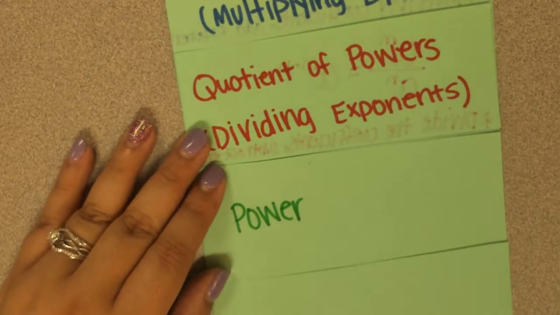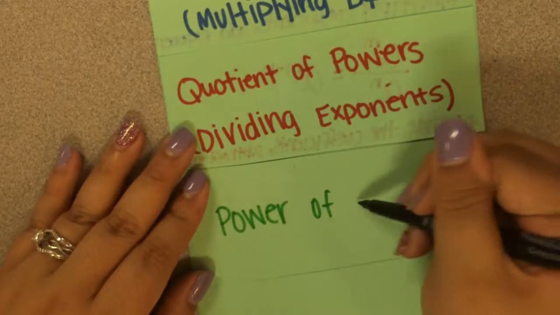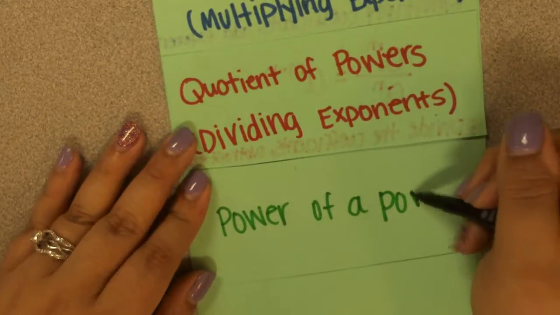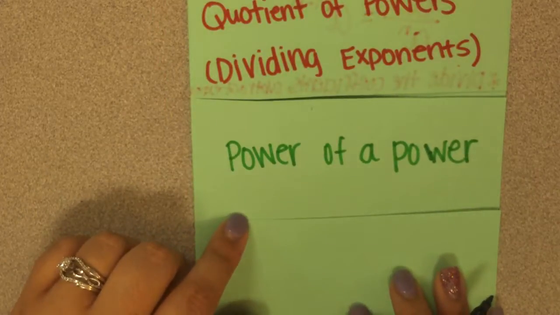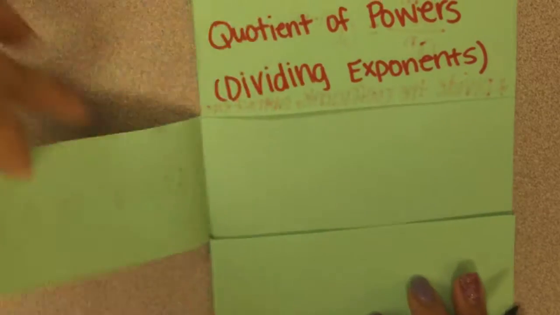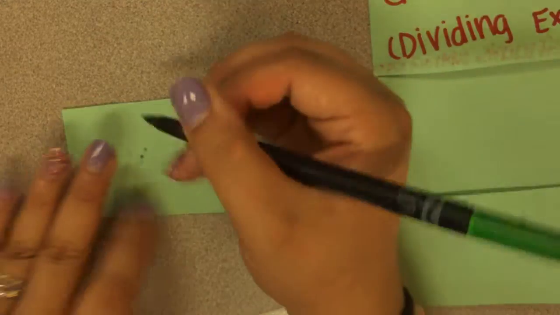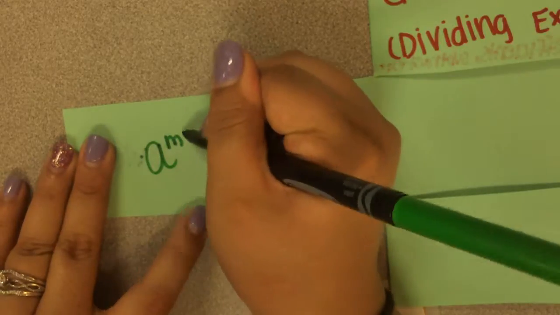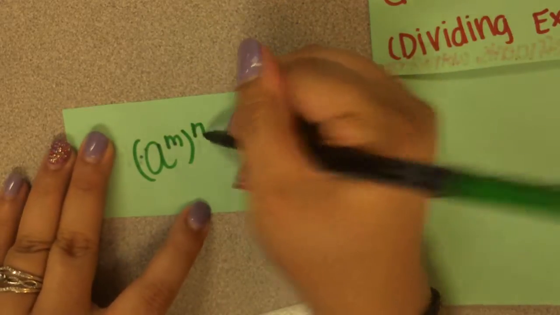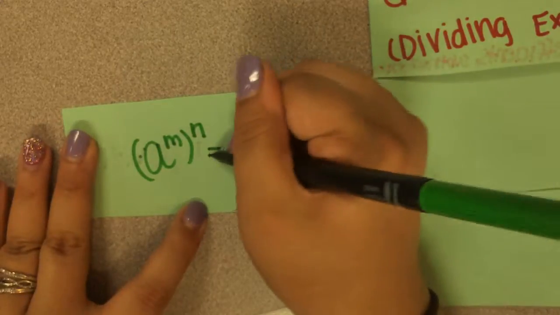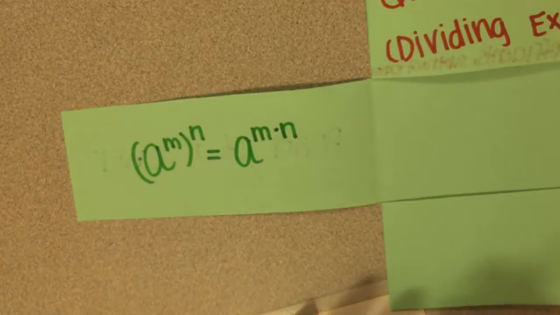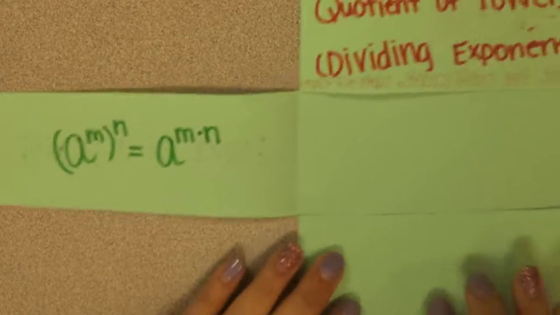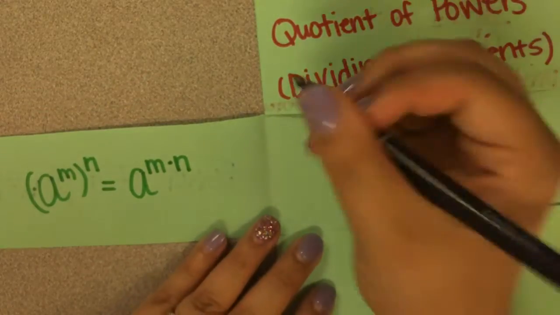Next rule is your power of a power rule. So this is when you have something like a to the m raised to the n. So they're right next to each other. And what do I do in this case? I multiply. So we're actually going to try to fit 3 examples here.